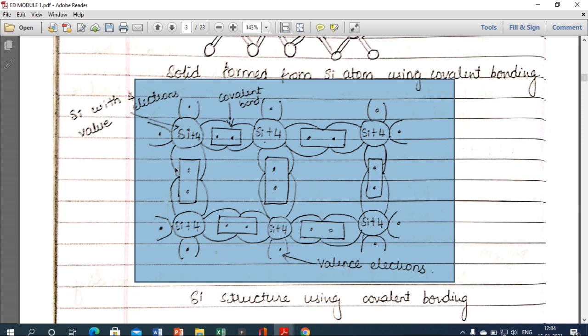This is a covalent bond which is bonded here. Each silicon atom is bonded with 4 electrons. Similarly, if I take this silicon atom, it is also bonded with 4 valency electrons. So here 2 electrons are covered in one valency band of the nearby silicon atom.